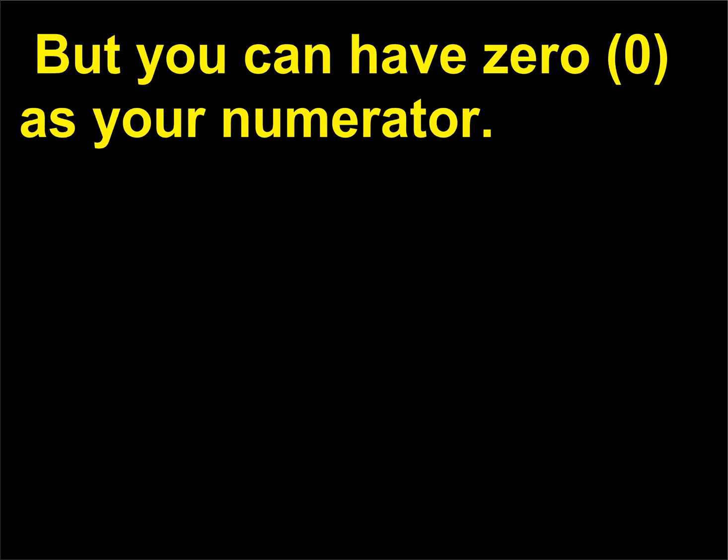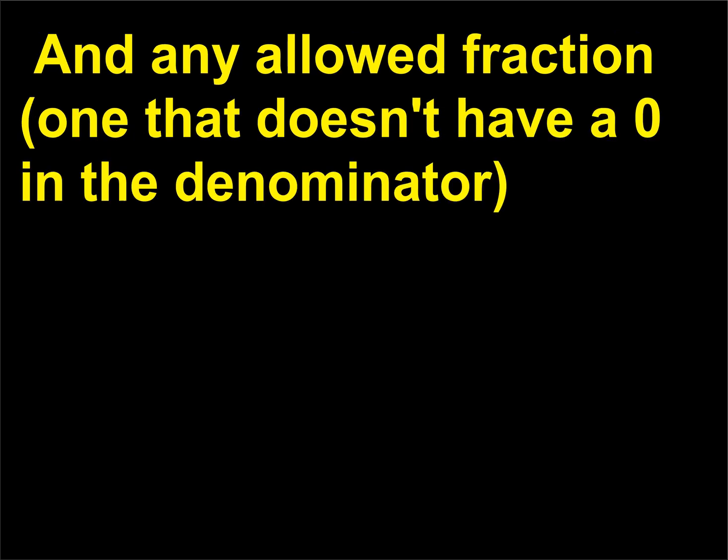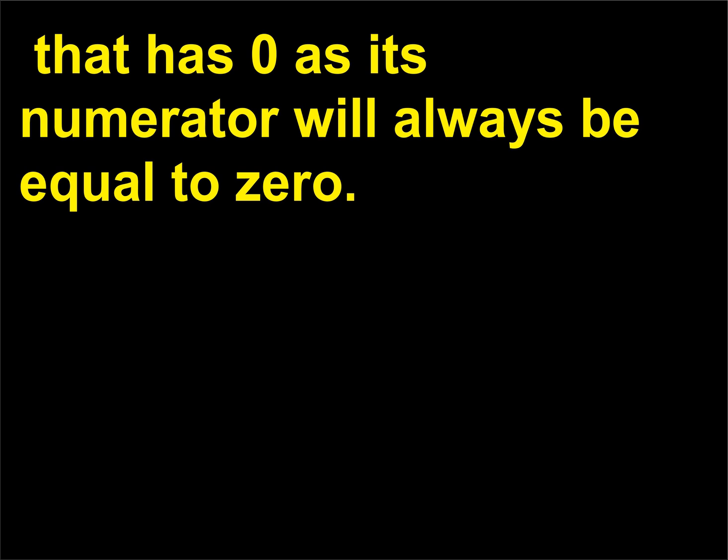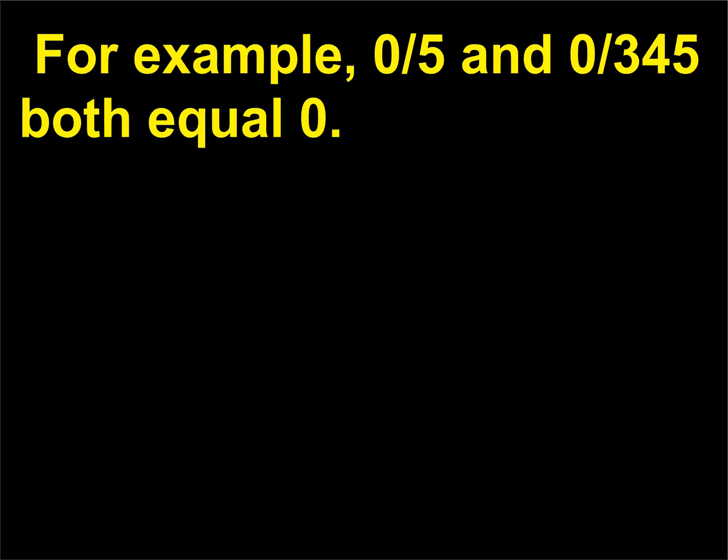But you can have 0 as your numerator, and any allowed fraction, one that doesn't have a 0 in the denominator, that has 0 as its numerator will always be equal to 0. For example, 0/5 and 0/345 both equal 0.